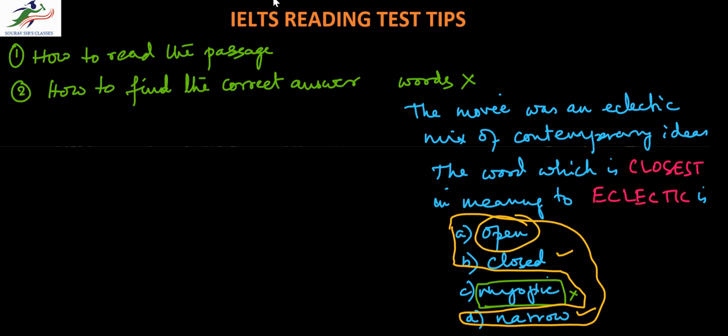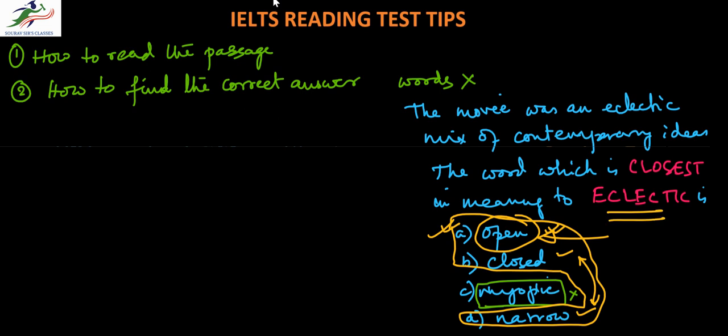So out of the three, two are closely related and mean almost the same thing, and the other one is completely opposite and the choice is only one. So your common sense will tell you that this has to be the choice because the other two cannot be the choice because they are very closely related. So here you have to depend on whatever you know to go for the correct answer. And yes, open or broad is the correct meaning of eclectic.